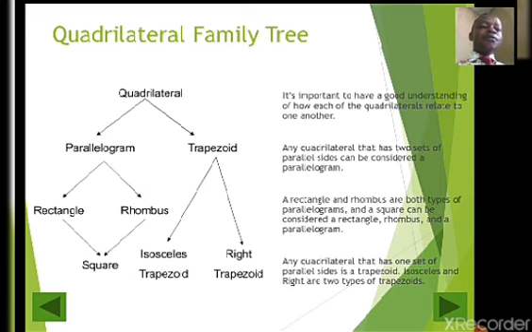Then the area of a regular polygon can be tailored to the area of a triangle. Remember, the area of a triangle is half base times height. So in a similar vein, the area of a regular polygon is half, instead of the base in a triangle, we have the side length. Instead of the height in a triangle, we have the apothem, multiplied by the number of sides of the polygon.